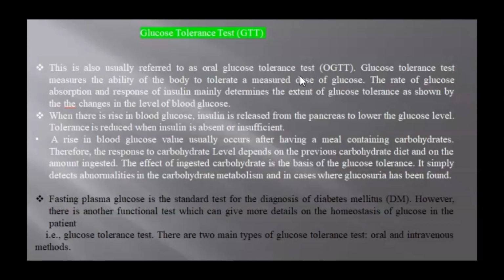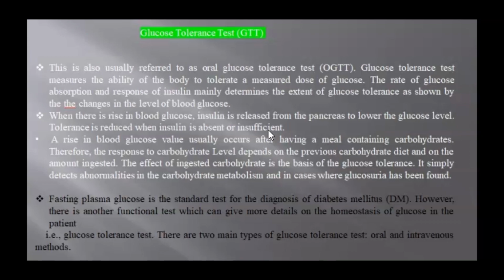The rate of glucose absorption and response of insulin mainly determine the extent of the glucose tolerance, as shown by the change in the level of the blood glucose. When there is a rise in blood glucose, insulin is released from the pancreas to lower the glucose level. Tolerance is reduced when insulin is absent or insufficient.